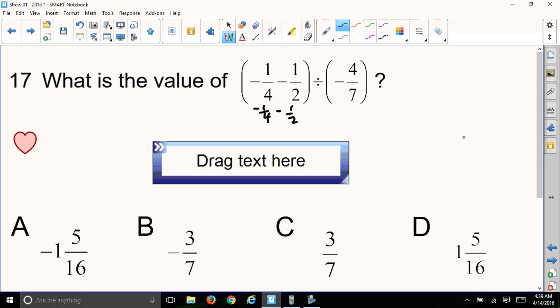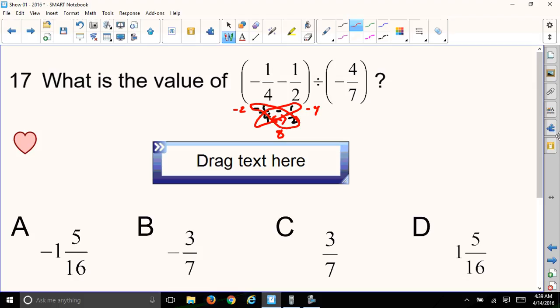So I'm going to multiply these bottom numbers here. 4 times 2 gives me 8. Then I'm going to cross multiply. Negative 1 times 2 is negative 2. Cross multiply. Negative 1 times 4 is negative 4.